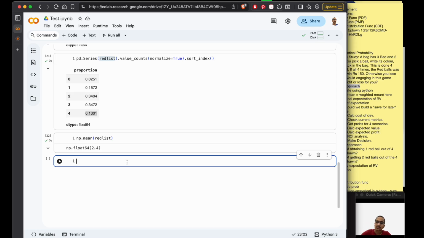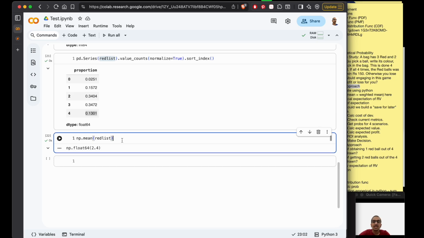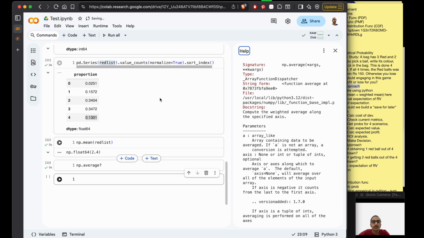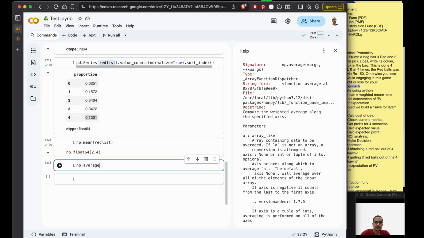So this expected value is actually a weighted mean. In this case, mean and weighted mean will be the same. If we take the weighted mean of this, we can use np dot average. The average takes arguments. It takes the list value.